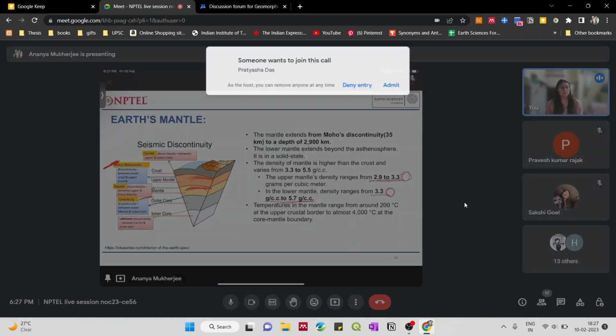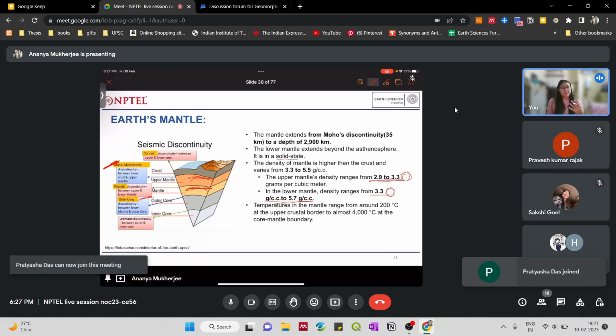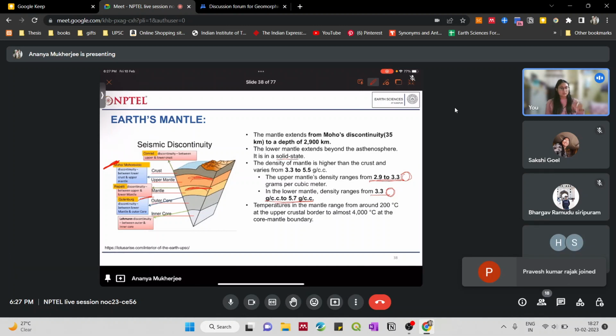So mostly the lower mantle is said to be in a solid state, but it is not fully solid, because, as I said even before, the chemical composition within the earth also has water in its molecular formula.